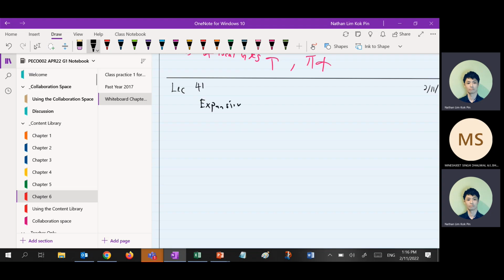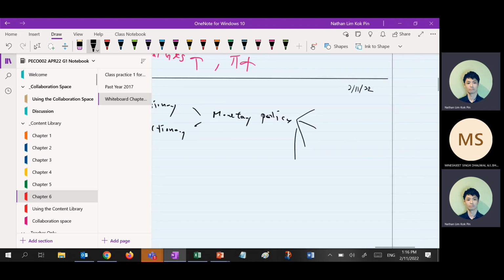Expansionary and contractionary, especially on monetary policy, you must not only talk about interest rate and money supply anymore, regardless of what the solution is, unless I just ask you to use interest rate and money supply. Otherwise, you must use the legal reserve requirement.